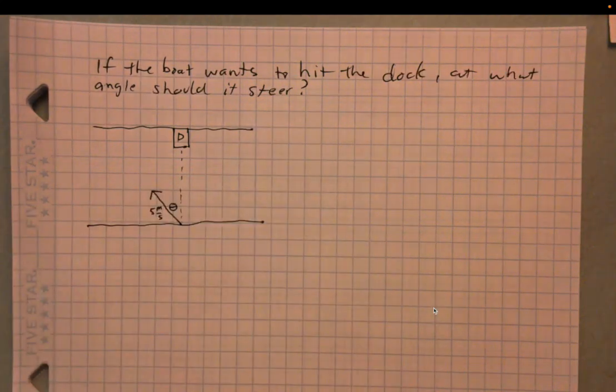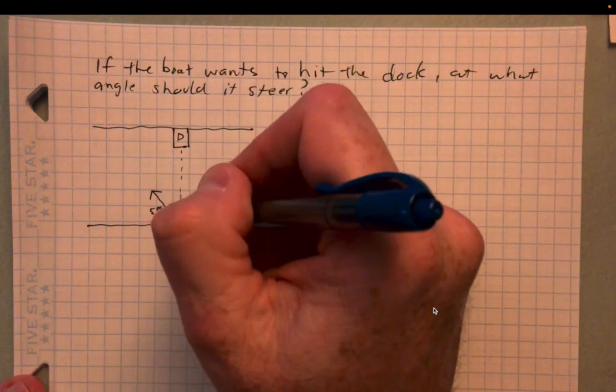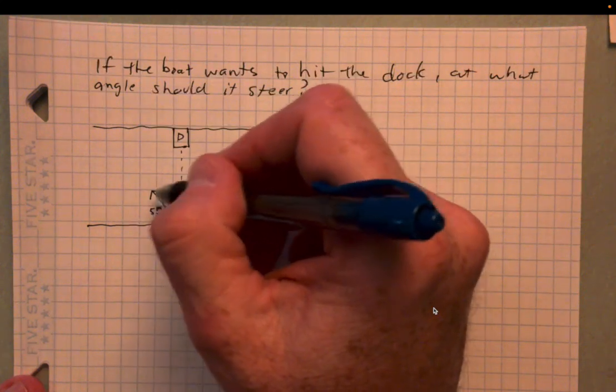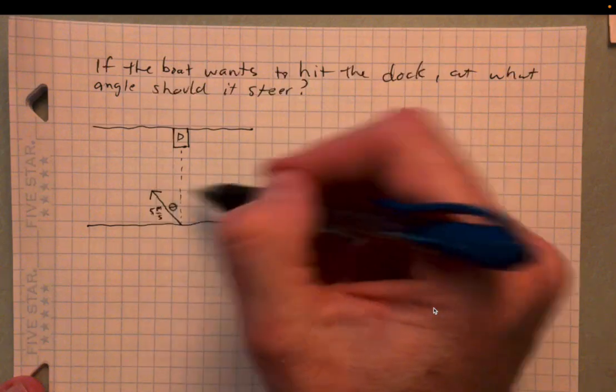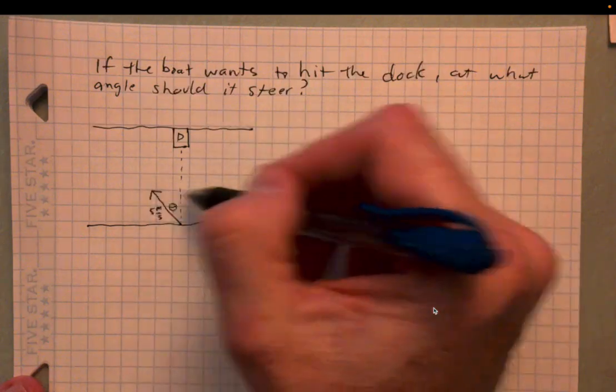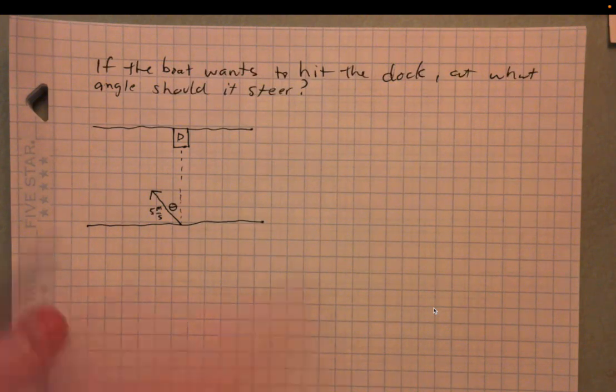And so the question is, what should we set theta to in this example such that the boat actually lands at the dock? So basically we need the velocity in the i direction to completely cancel out the velocity due to the water. Okay, so rather than moving at 5 meters per second perpendicular to the bank, the boat should aim upstream somewhat so that it lands on the dock, right?